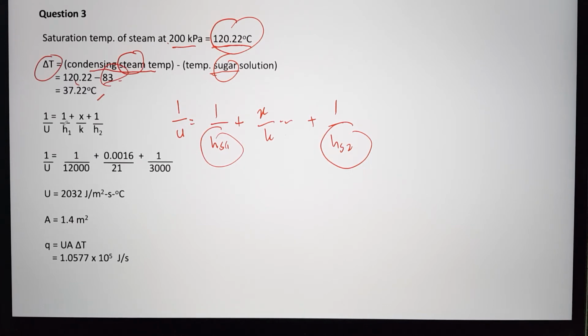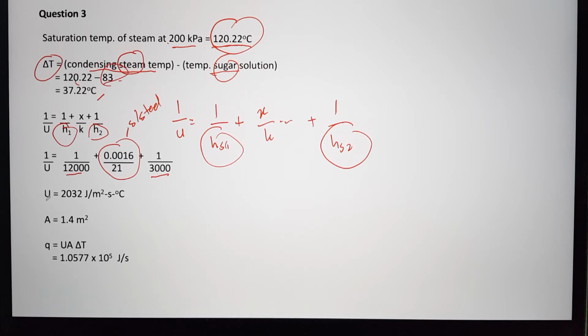So for HS1, this one is meant for the steam, 12,000. And for HS2, this one is meant for the sugar solution, 3,000. And then you need to calculate the value of X over K. This one is meant for the stainless steel, because we have three materials involved in this particular question.